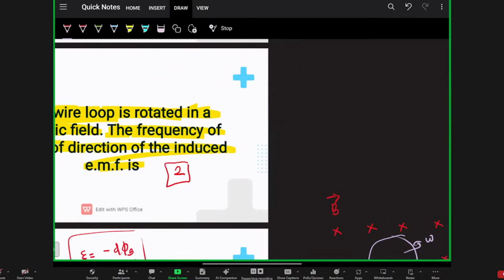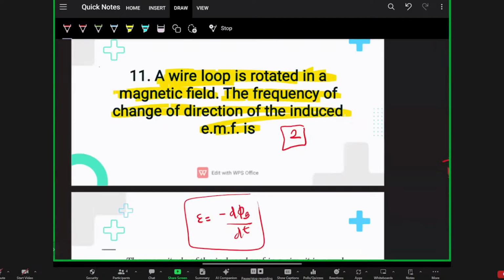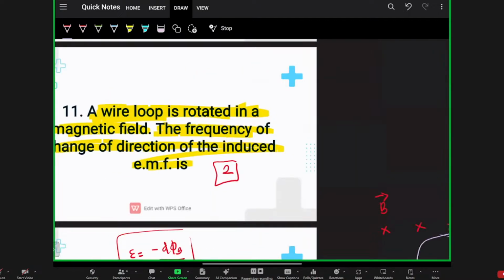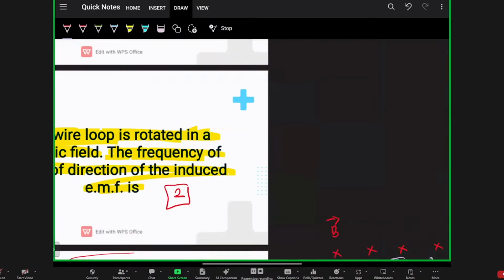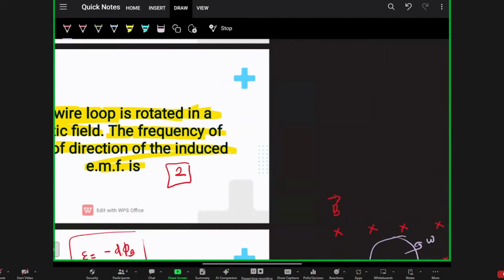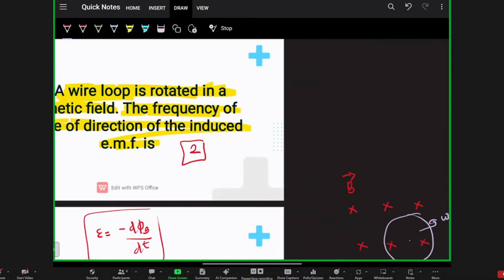But physics you have to practice problems. Nowadays the questions are very easy. If you know the basic equations and their applications, you can solve above 40 questions out of 45.